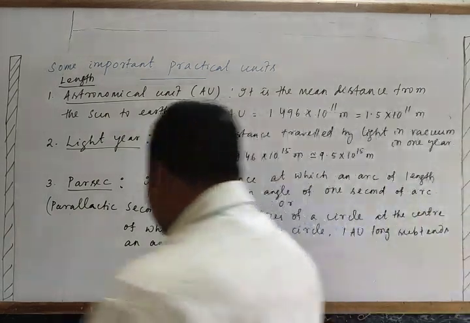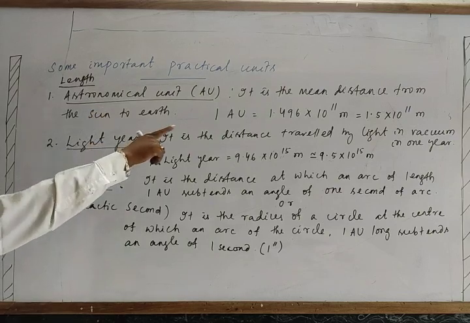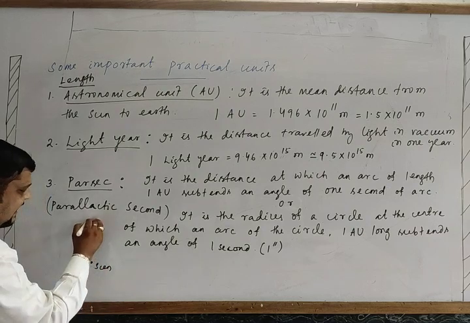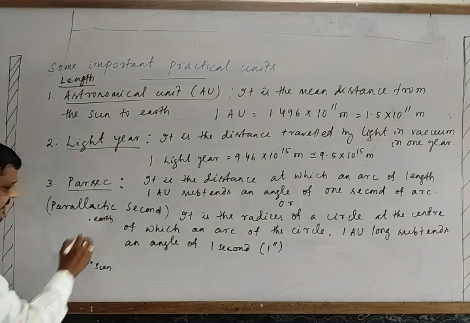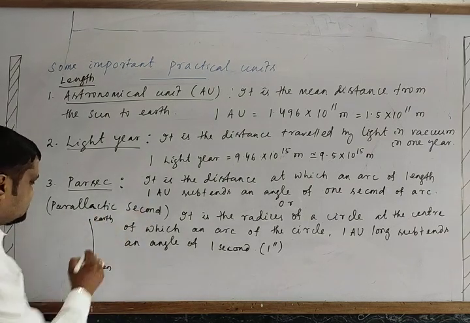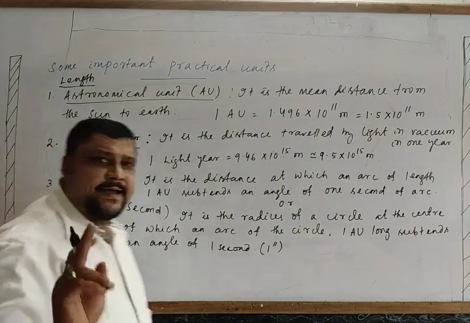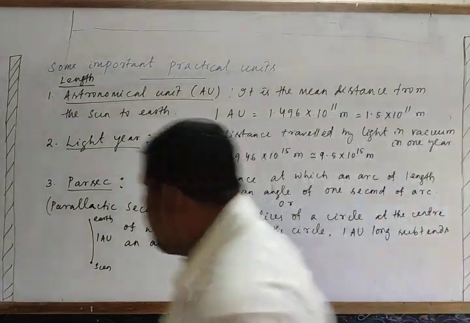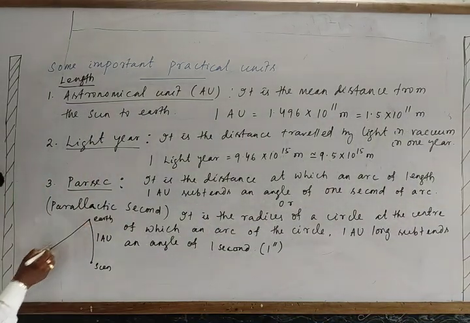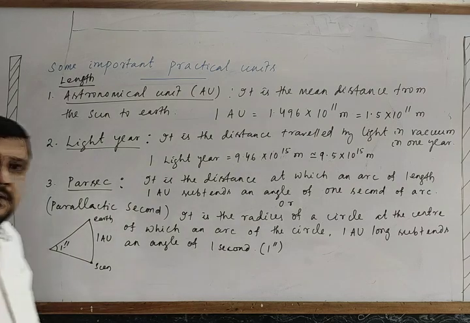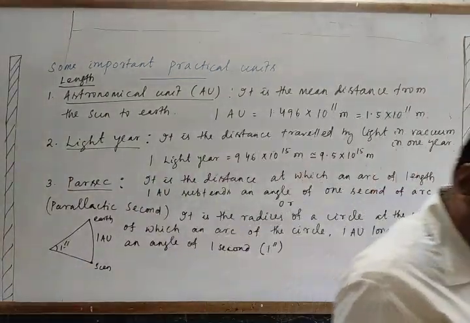Suppose I say that the astronomical unit is the mean distance from the sun to earth. Let us consider there is your sun and there is your earth. So this is the arc from sun to earth. What is the distance? 1 astronomical unit. And this one astronomical unit subtends an angle of how much at the center? 1 second.